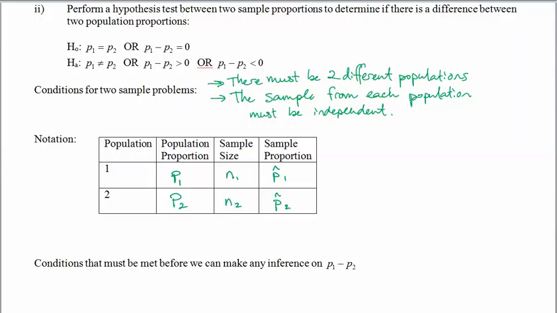This is a parameter, and these are statistics. Also note that P hat is the number of successes in the sample divided by the sample size.